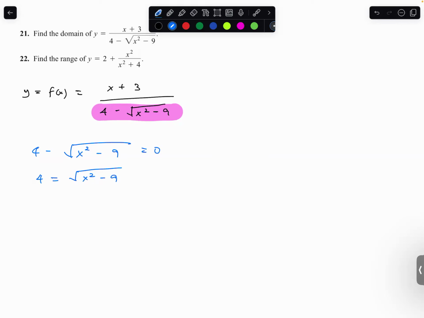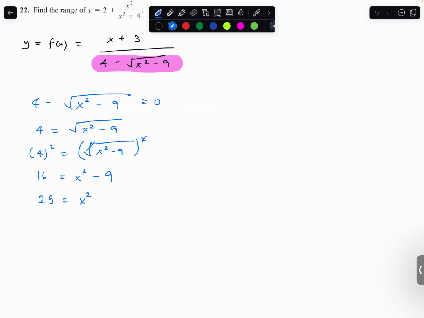If we square both sides, we have 4 squared equals the square root of x squared minus 9, all squared. Now this cancels this, and we have 16 equals x squared minus 9. If we take 9 to the other side, we have 16 plus 9, which is 25, equals x squared.